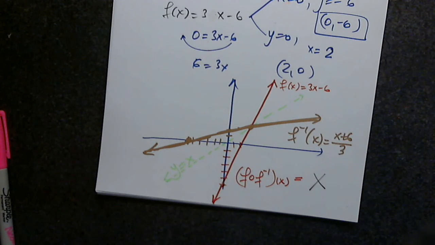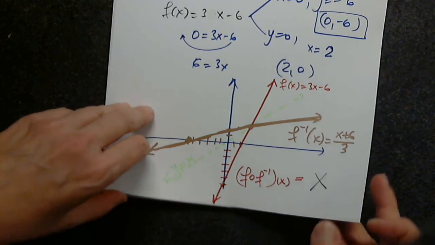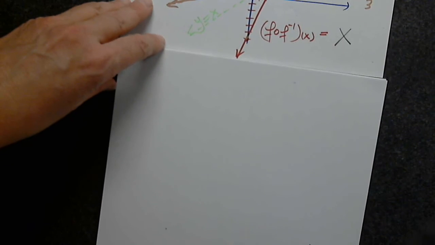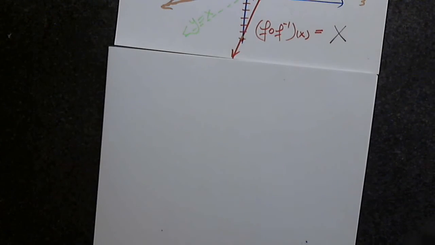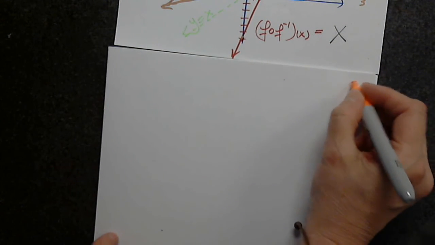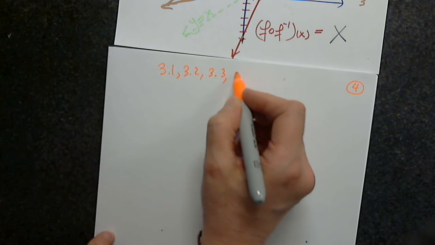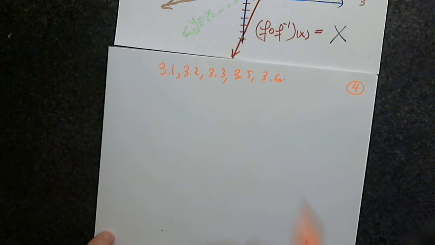Questions, please. I already sent a note to the testing center, but hopefully we can finish chapter 2 today. But we also have 3.1, 3.2, 3.3, 3.5, and 3.6.